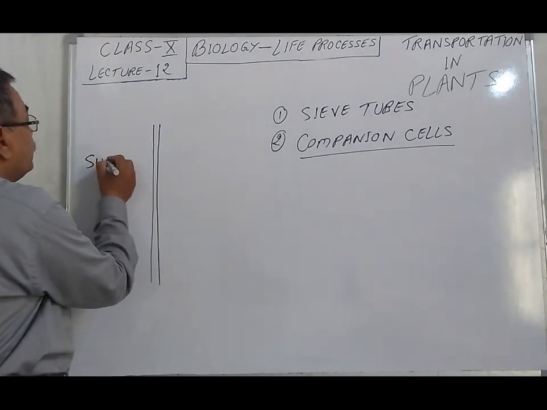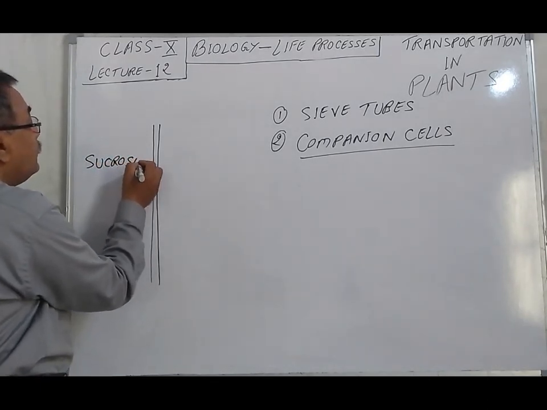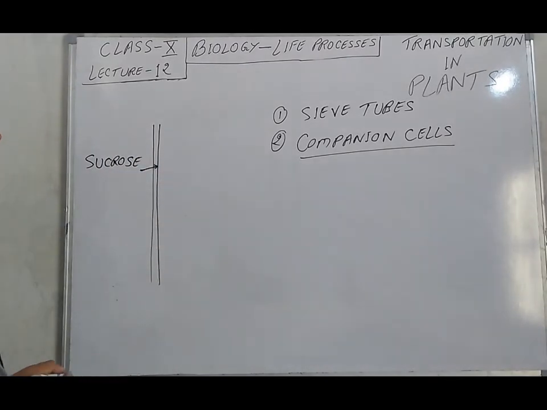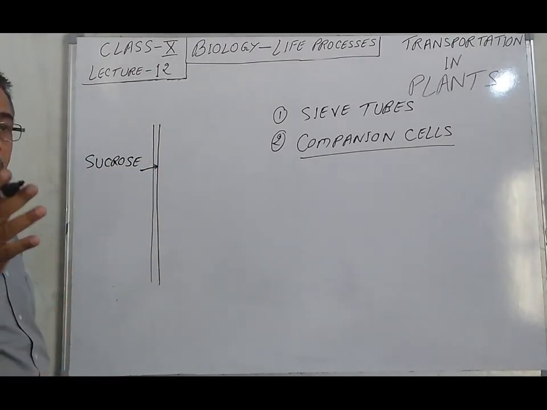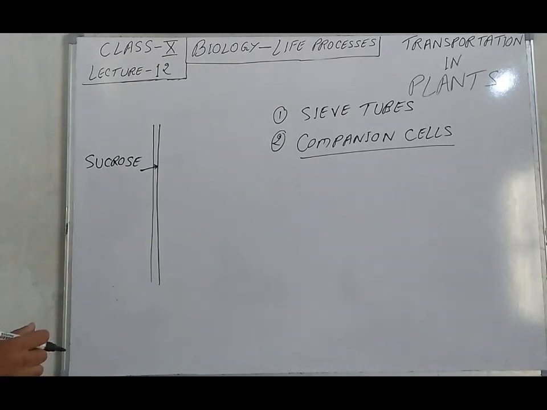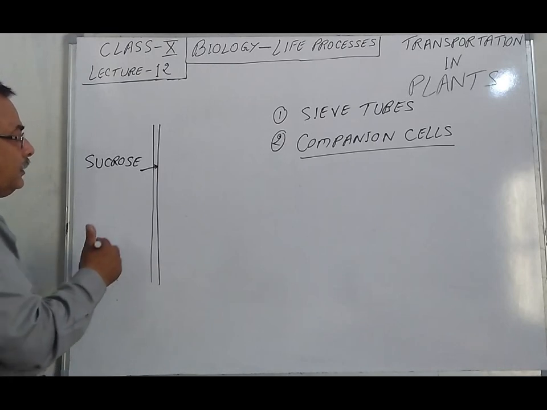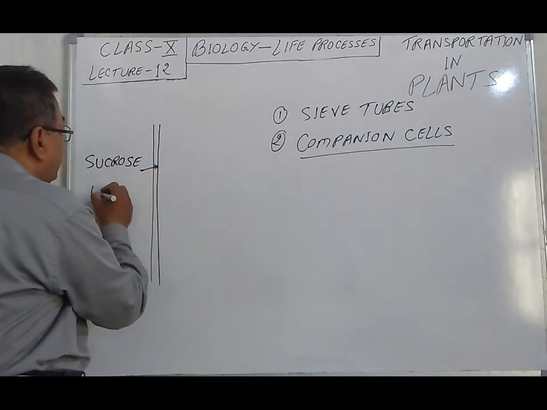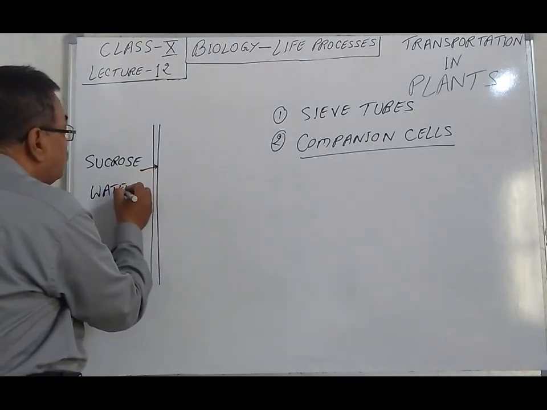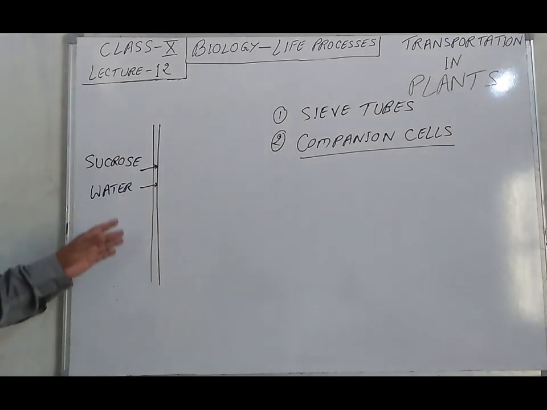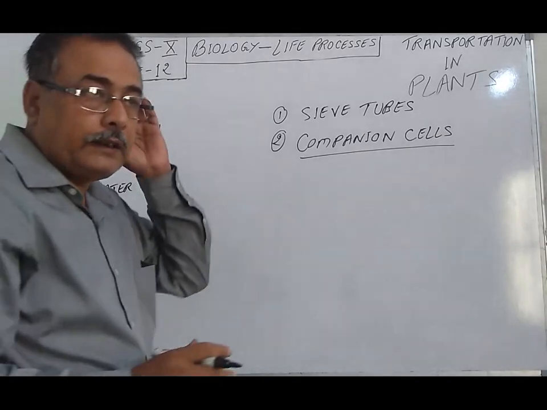Sucrose enters into the phloem cells, creating a higher osmotic pressure. And due to this higher osmotic pressure, water also enters into it. And here sucrose is mixed with water.